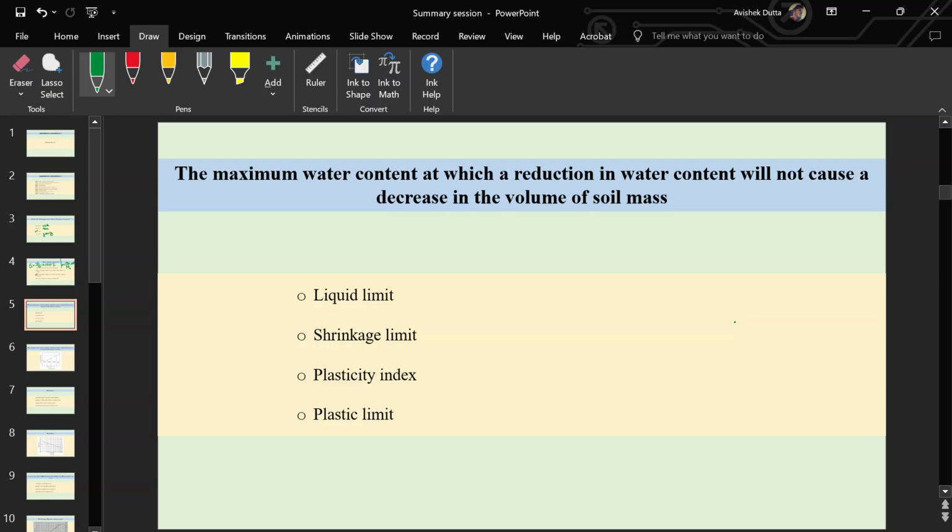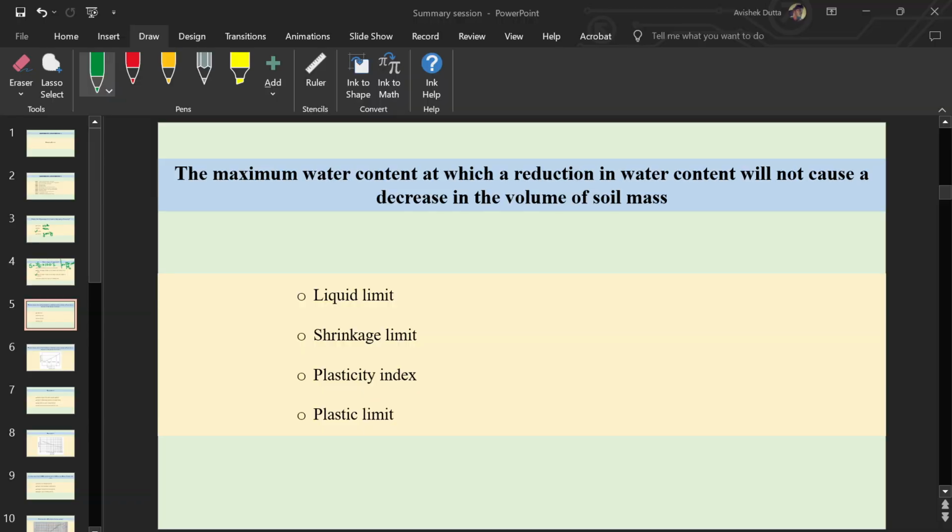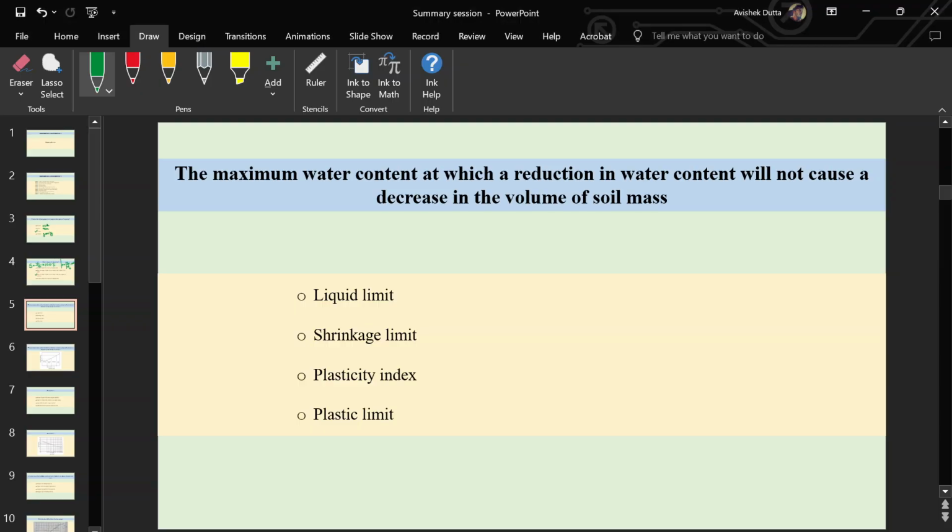The maximum water content at which a reduction in water content will not cause a decrease in the volume of soil mass. What is the answer? Dheeraj?